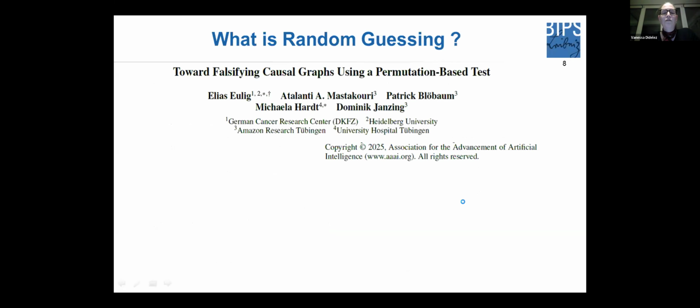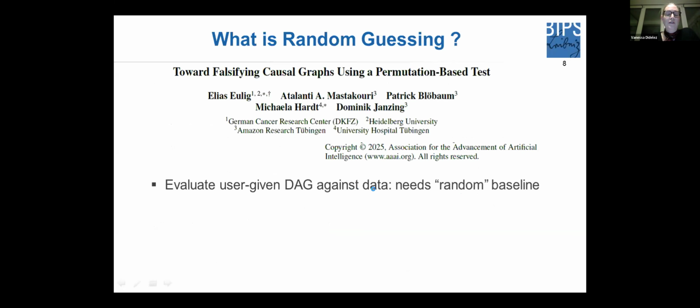There's another way of looking at random guessing, and I came across this paper in preparing for today, also by Dominik Janzing, where they want to evaluate a user-given DAG against the data, needing a random baseline, and they construct random draws by node permutations. They do a bit more.